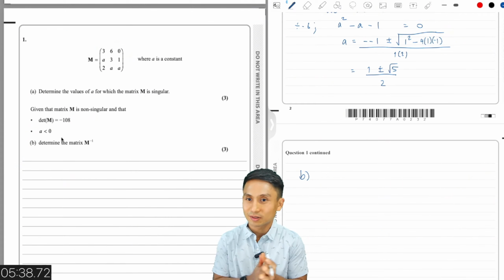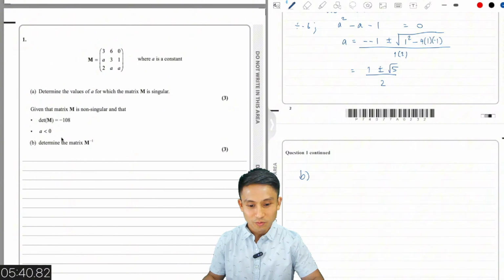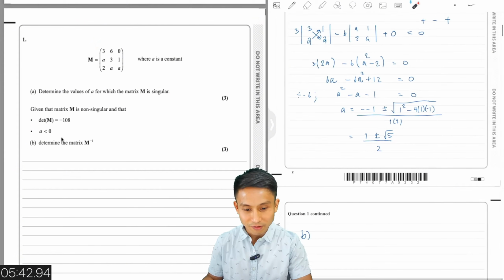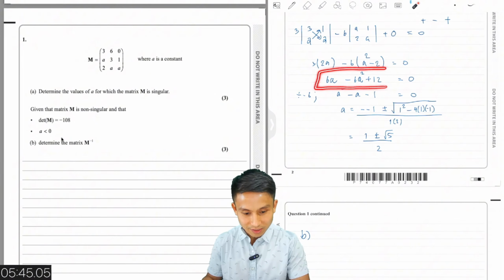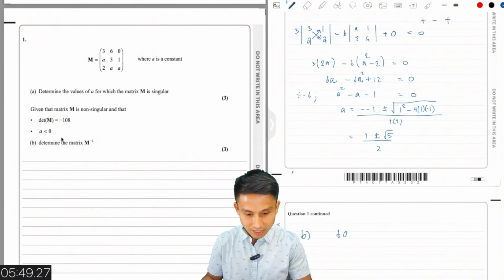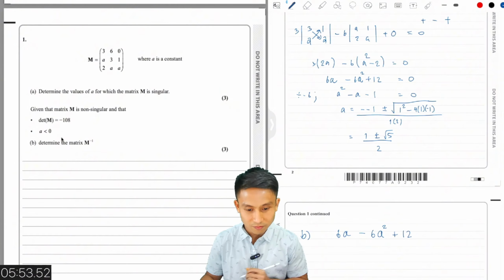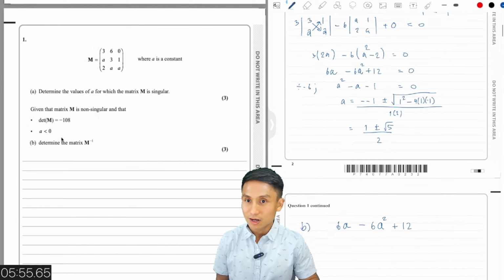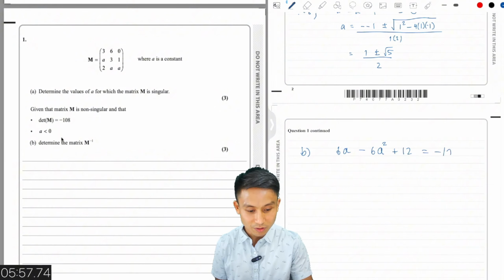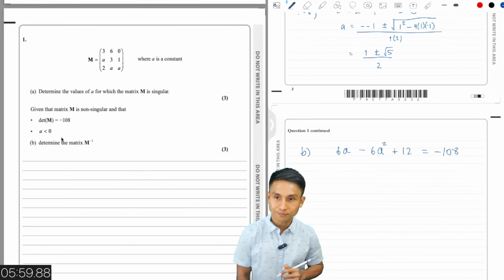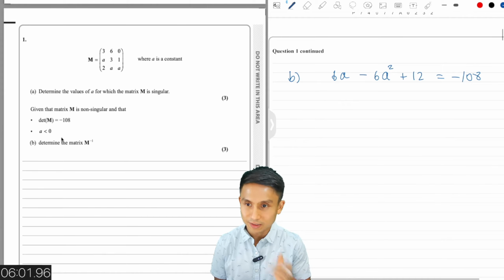Because we were trying to find the determinant before and we already got this, we're going to equate 6a minus 6a squared plus 12, because that's the determinant, to minus 108.